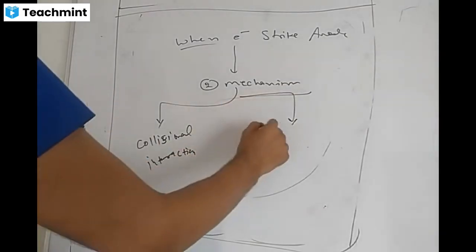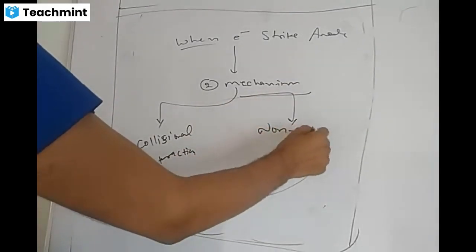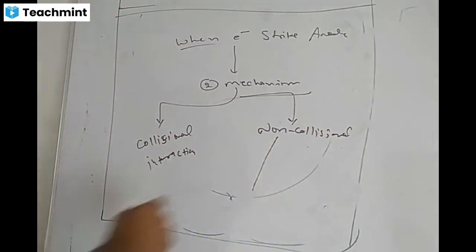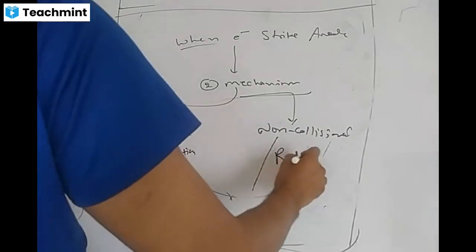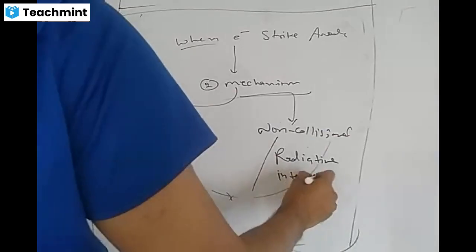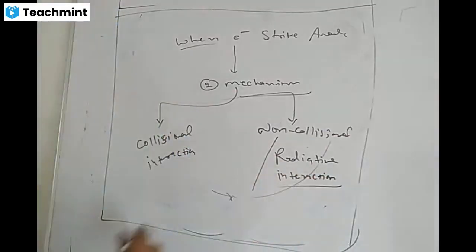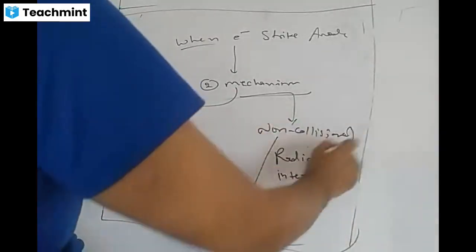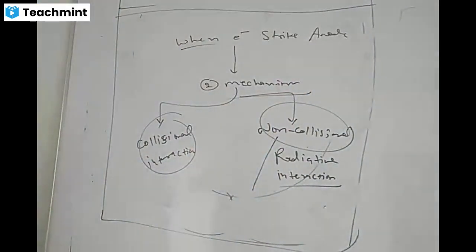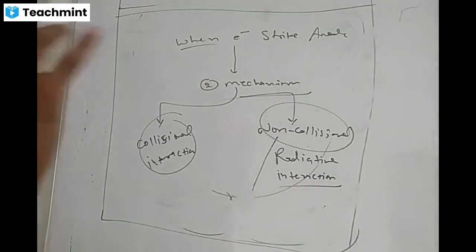Another is non-collisional, where there is no collision, and it is also known as radiative interaction. So these are the two mechanisms which happen at the level of the anode to produce the X-rays.